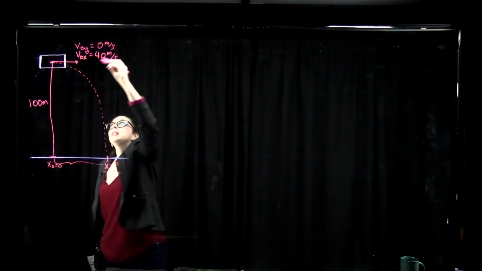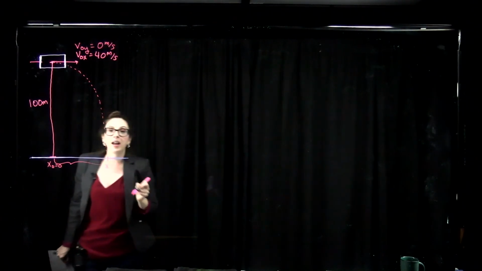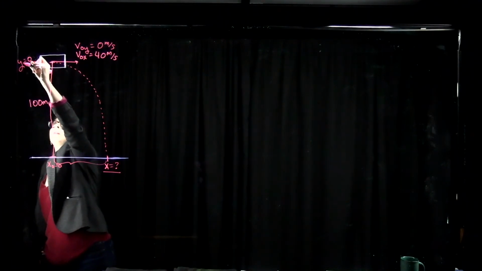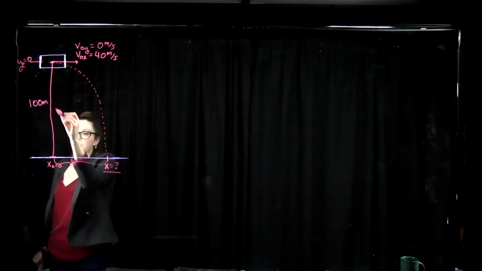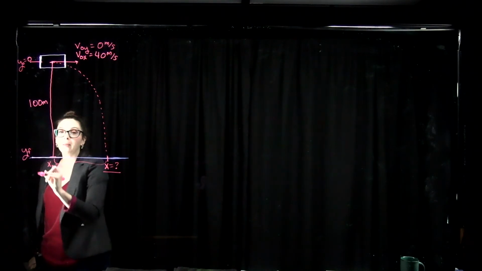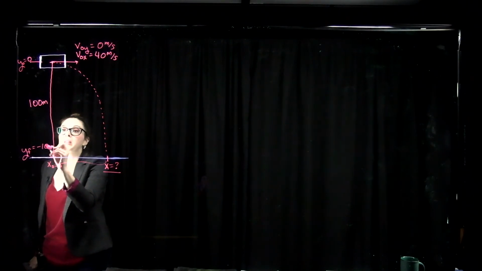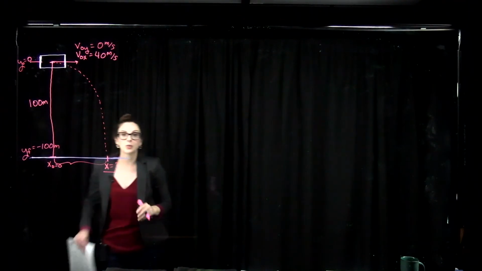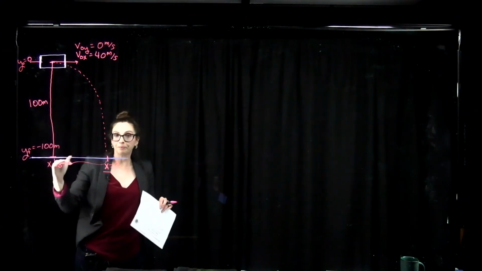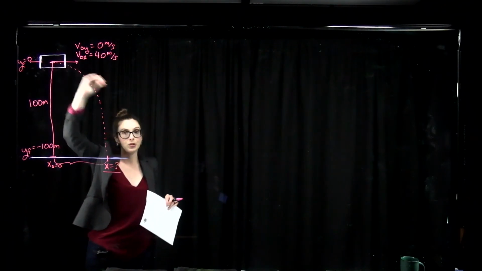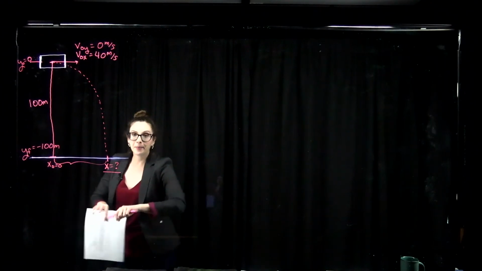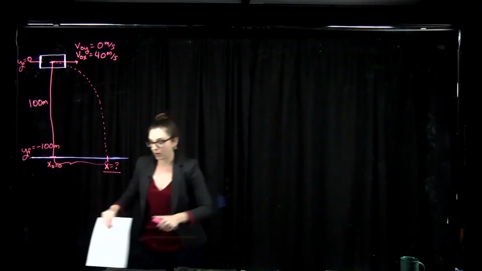So here, I'm going to say that right where my plane is, I'm going to call that y equals 0. So y naught will be 0. And where our package ends up on the ground, that will be our final y position. And we're going to say that that's negative 100 meters, because if we think about our coordinate system, this is 100 meters below where I set y equals 0.